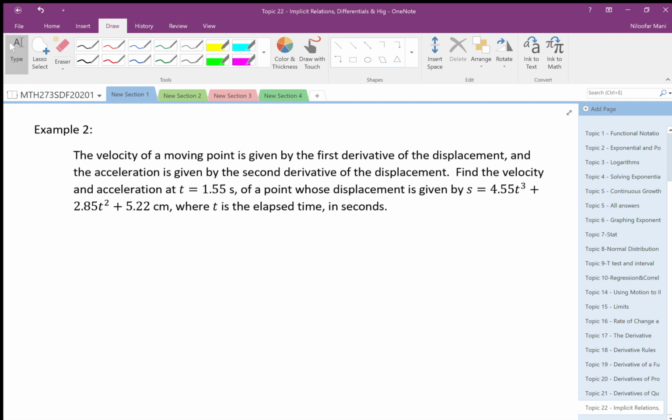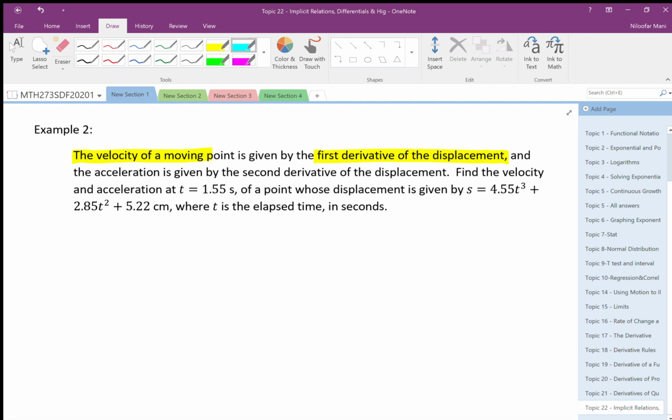The velocity of a moving point is given by the first derivative of the displacement. Okay, so it's teaching you that the velocity is first derivative. Speed is first derivative. And acceleration is second derivative.